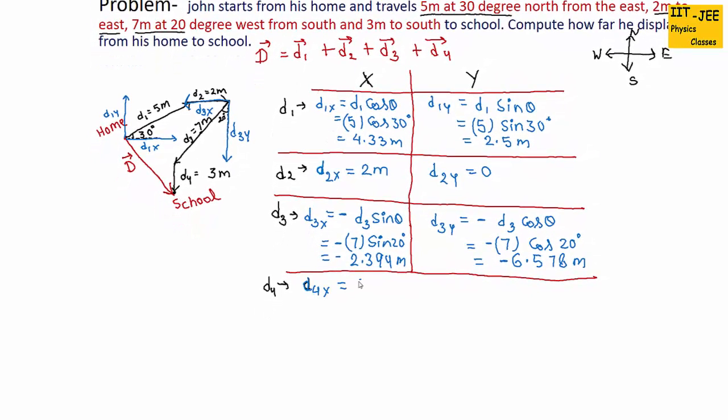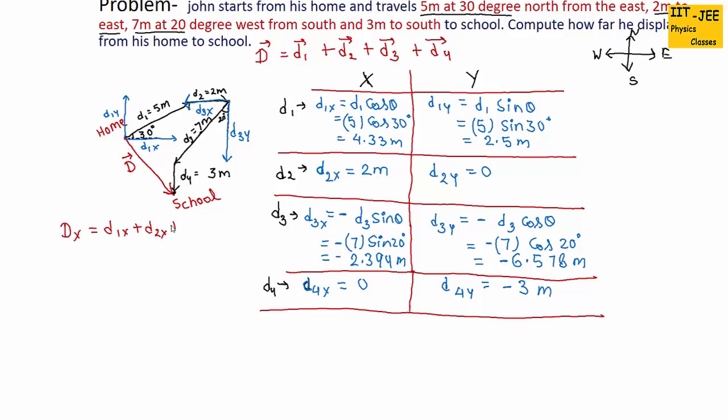Now the last vector, which is D4, and it's directing towards south and it's a vertical vector, so its x component would be 0 while the y component D4y would be the negative 3 because south is the negative direction and vertical vector has the 3 meter magnitude, so minus 3 meters. We have x and y components of all the 4 vectors. Using these x and y components, we can find the x and y component of resultant vector D. So we can do Dx equals D1x plus D2x plus D3x plus D4x.